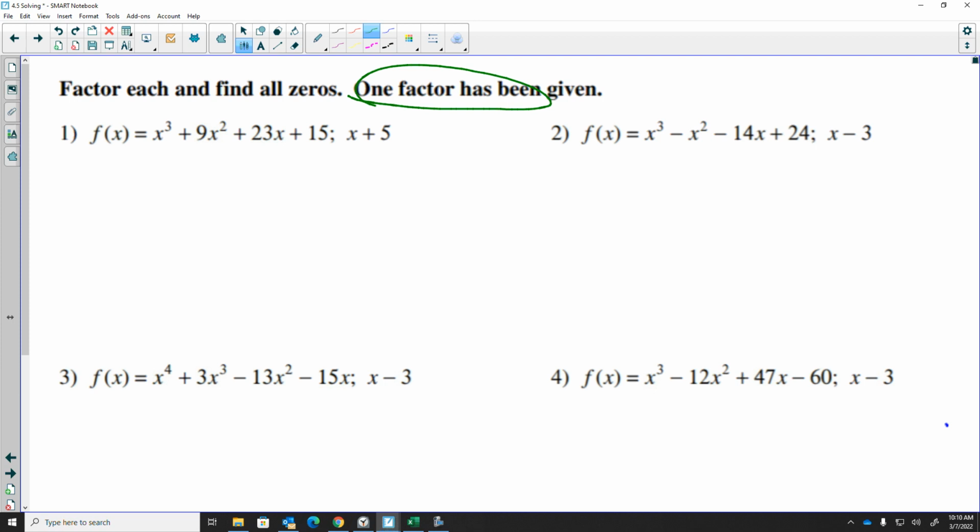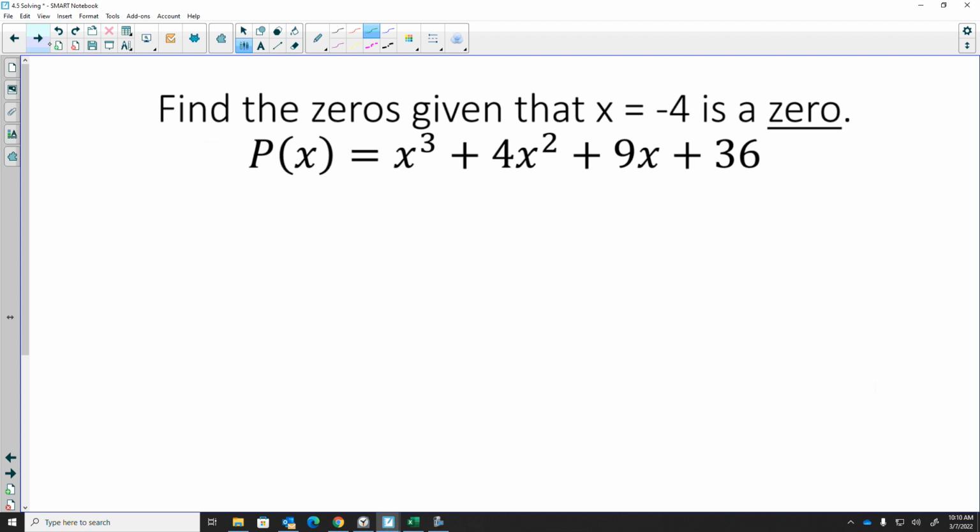Like x plus 5. This one is giving you a 0. So this is a factor. This is a 0. So basically, this one has just kind of done a step for you. It's already solved the factor. It's already gotten one of the solutions.